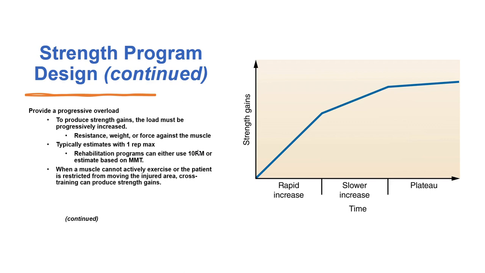Now, I'll add one final note. When a muscle cannot actively exercise or the patient is restricted from moving the injured area, cross-training can produce some strength gains as well.